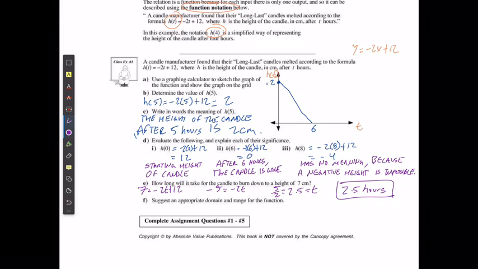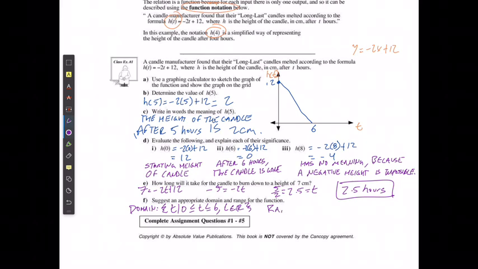If I'm suggesting an appropriate domain and range, the domain is going to be represented by t, where 0 is less than or equal to t, which has a maximum of 6 in this case.